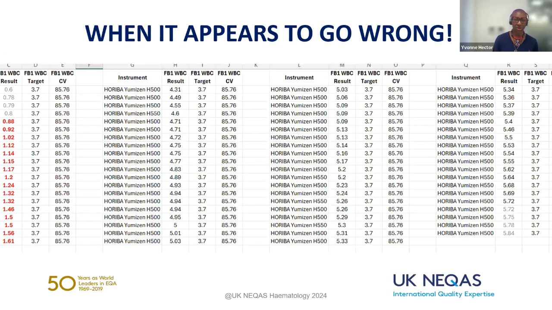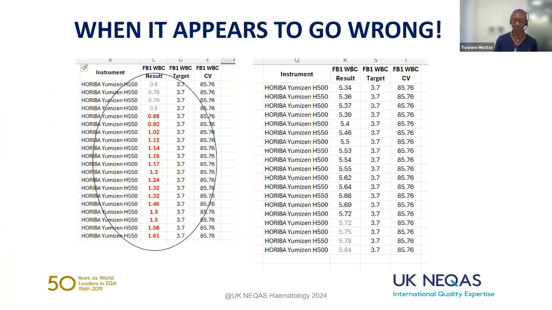Now, here's a screenshot, and I'm hoping you can see this okay, because it's quite a wide spread. This is a screenshot of the performance review from one of our FB surveys, where we observed a higher than expected CV for the white cell count on our sample FB1. Just to note, the grayed out figures are the figures that would have been naturally trimmed during our statistical analysis program.